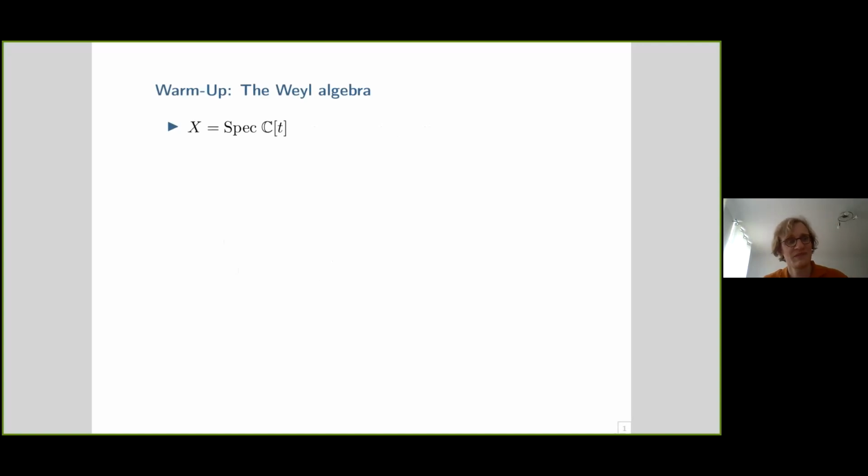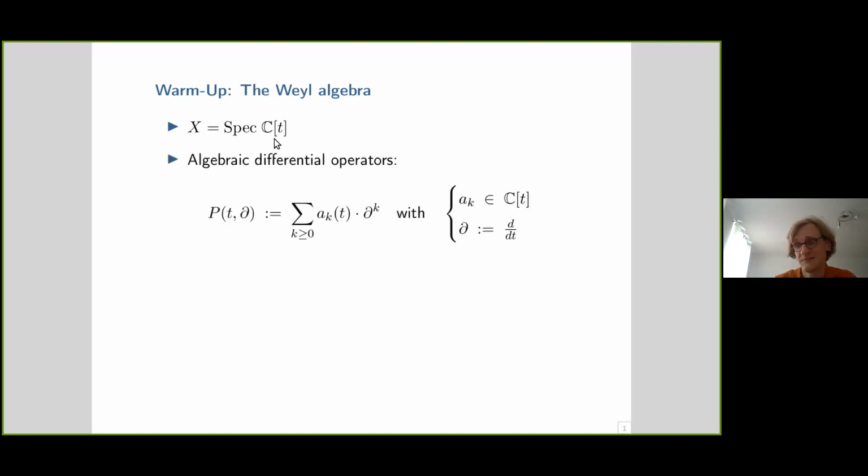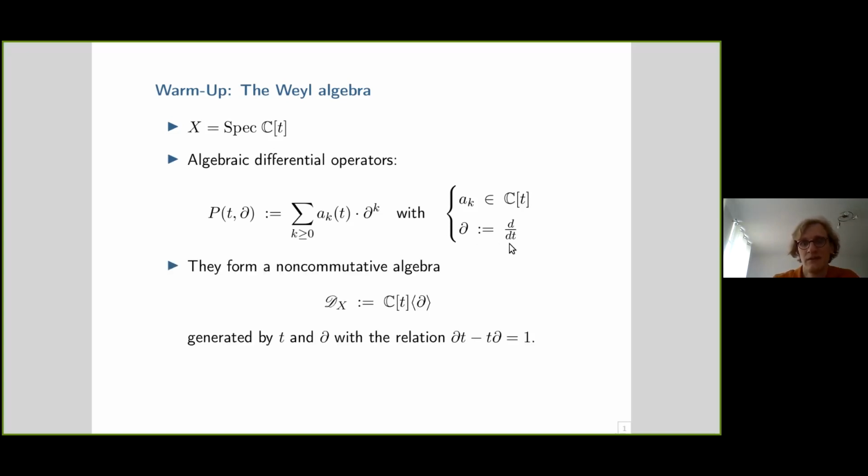Okay, so let me first recall the notion of D-modules. So the simplest case as a warm-up is D-modules on the affine line. So you take just Spec C[T], and then a differential operator on the affine line is just a polynomial in T and another variable ∂, where this ∂ is the derivative with respect to T. And those operators form a non-commutative algebra.